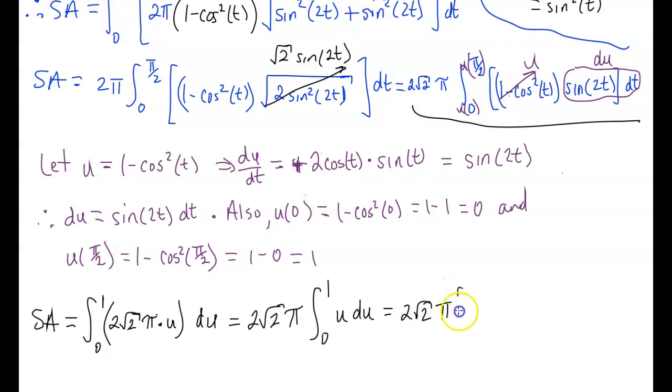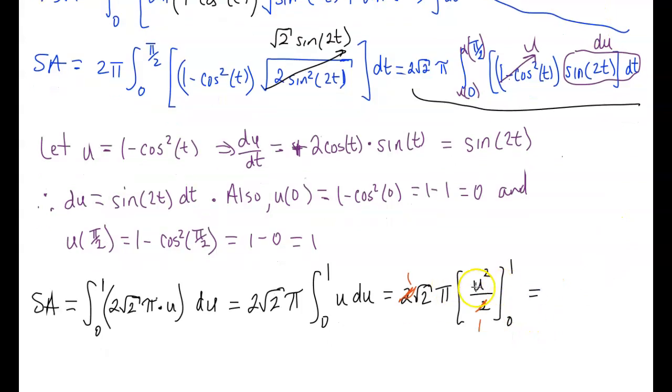And then, of course, taking the antiderivative of u is easy. That would just be u squared divided by 2. And we evaluate that from 0 to 1. Of course, here, this 2 and this 2 will reduce to 1. So that makes life a little bit more simple for us.